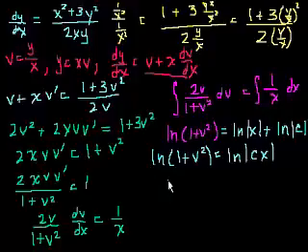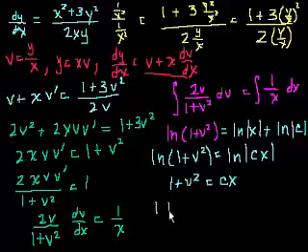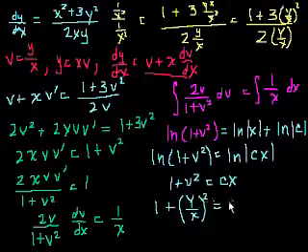So we could say that 1 plus v squared is equal to cx. And now we can unsubstitute. So we know v is equal to y over x, so let's do that. So we get 1 plus (y over x) squared is equal to cx.